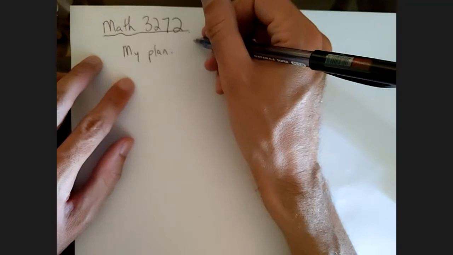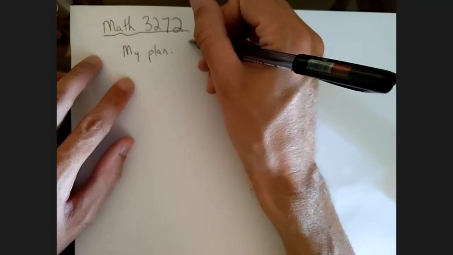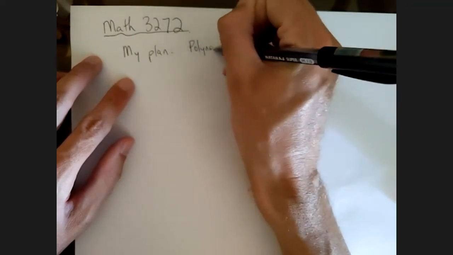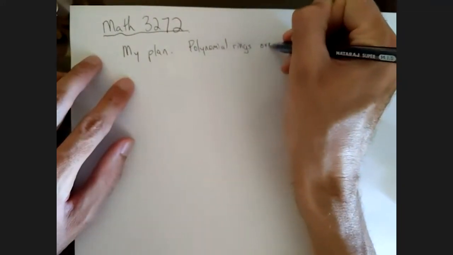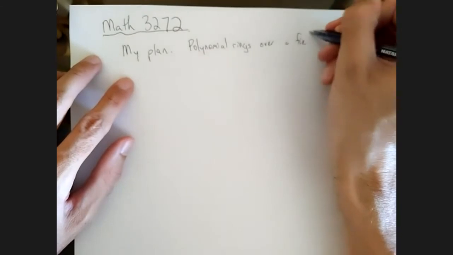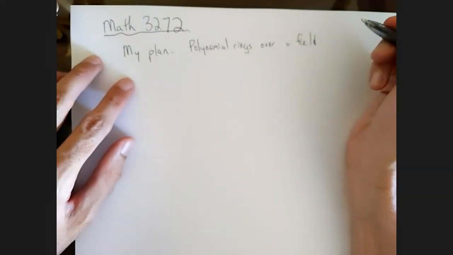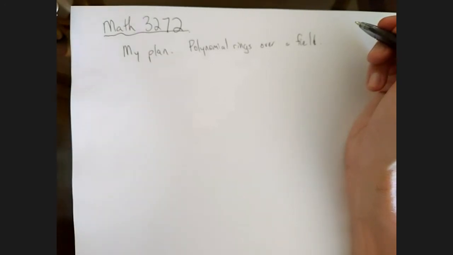We need to talk about polynomials in polynomial rings over a field.